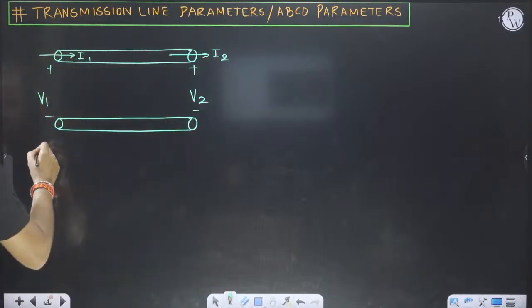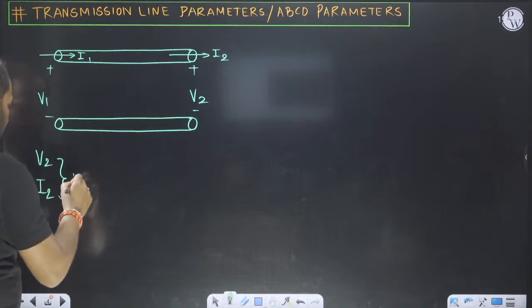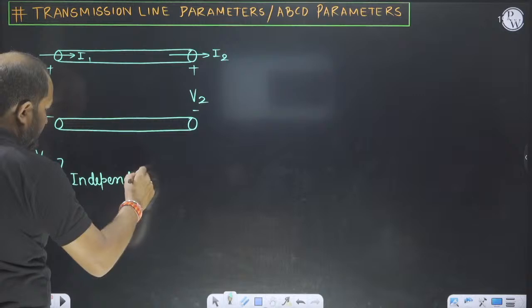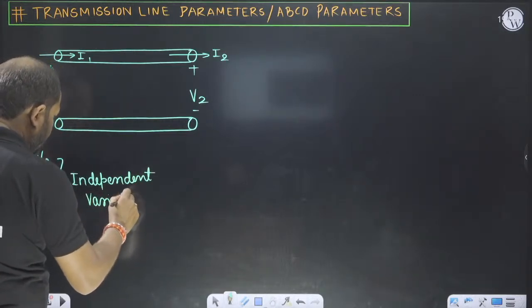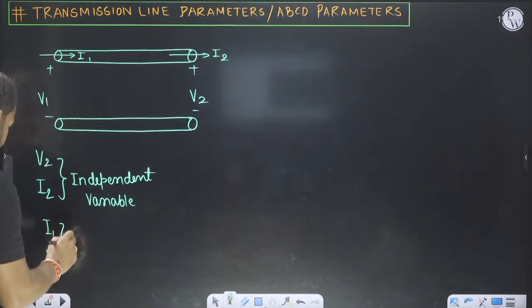So independent variables will be output voltage and output current, and input voltage and input current are dependent variables.